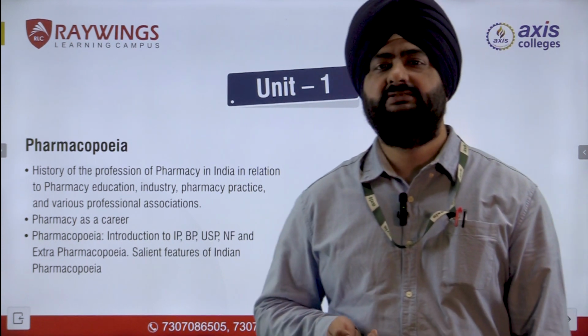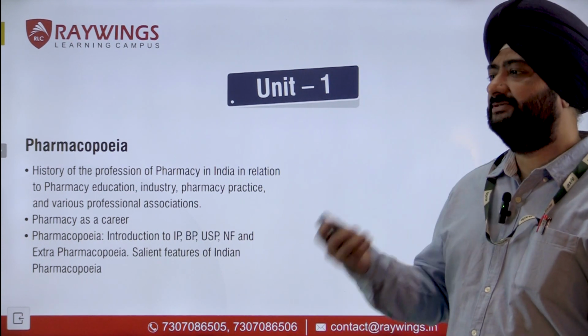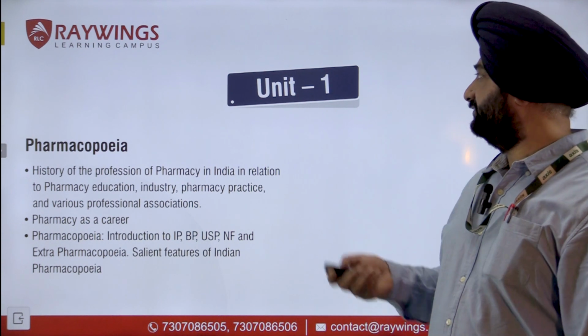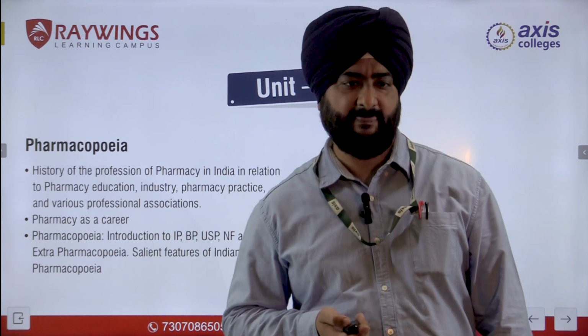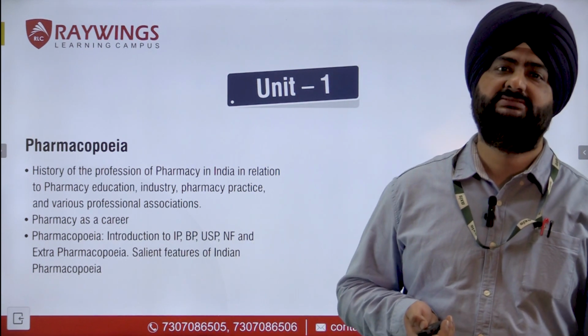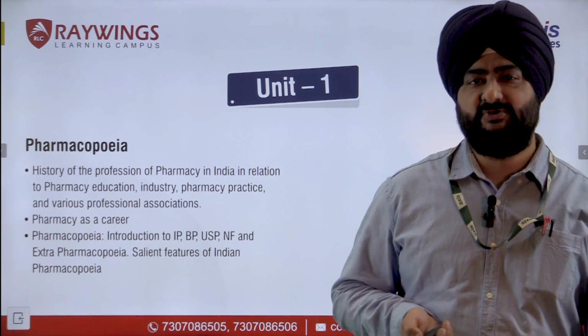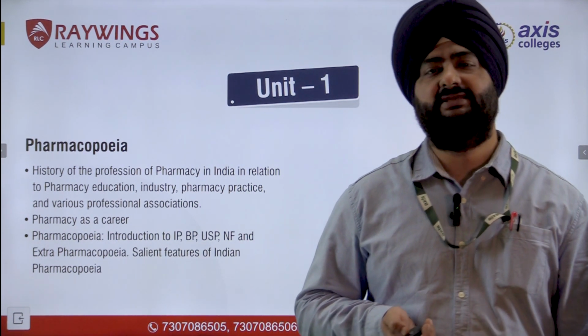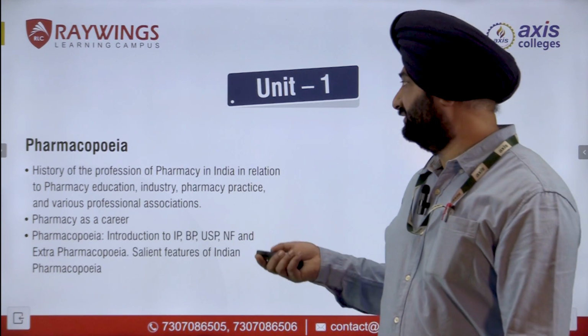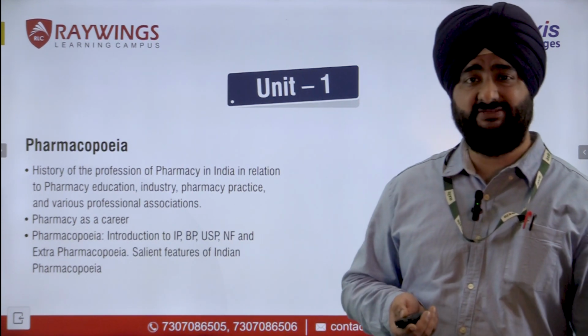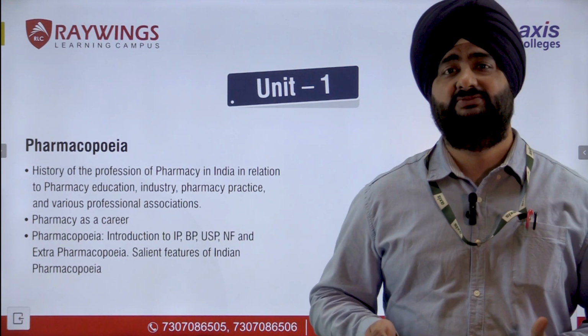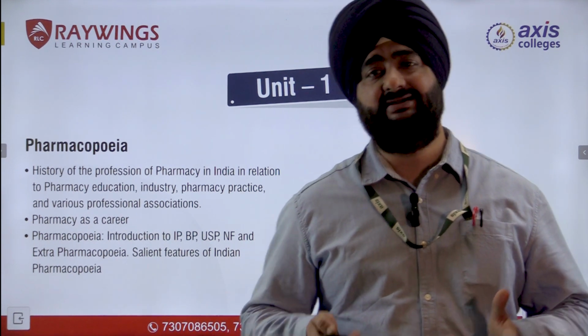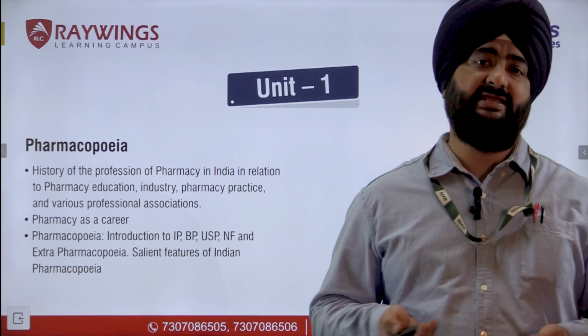In unit 1, there is an explanation of pharmacopoeia. What is pharmacopoeia? What are the different pharmacopoeias? And after completion of the D.Pharma course, what are the various career opportunities a student may have?